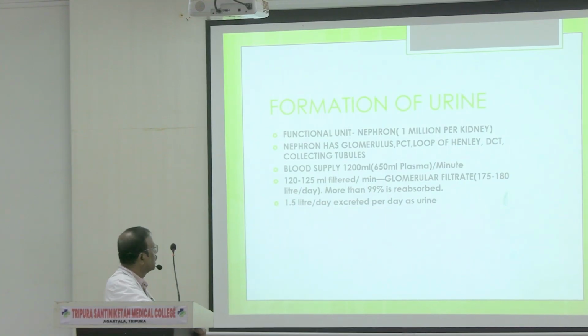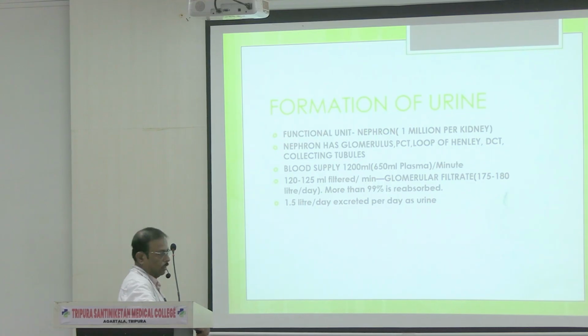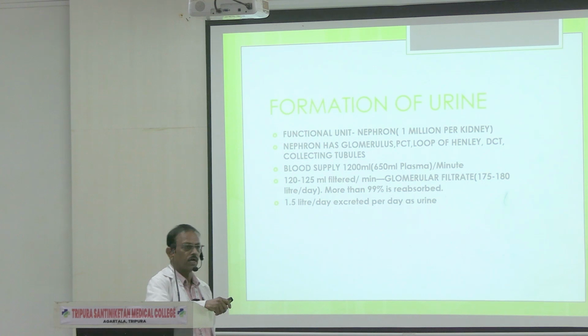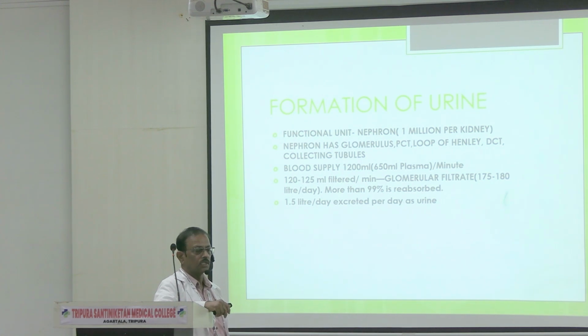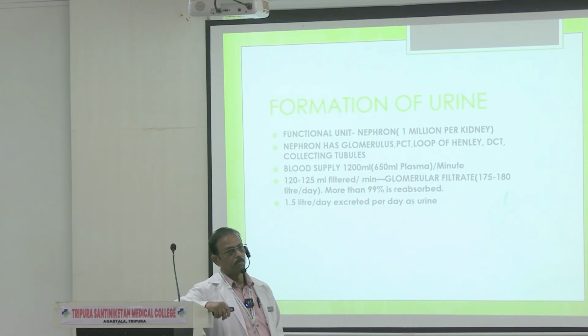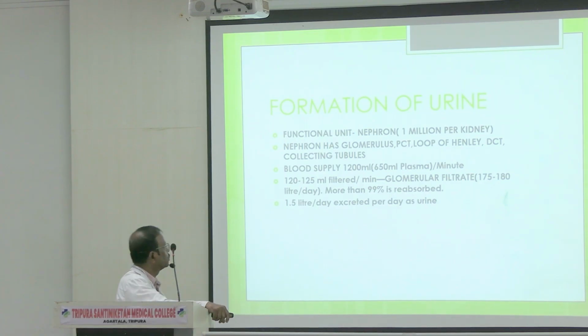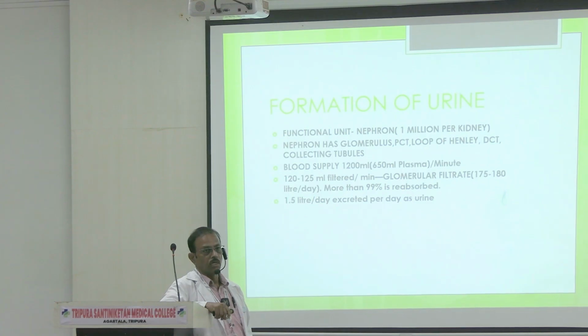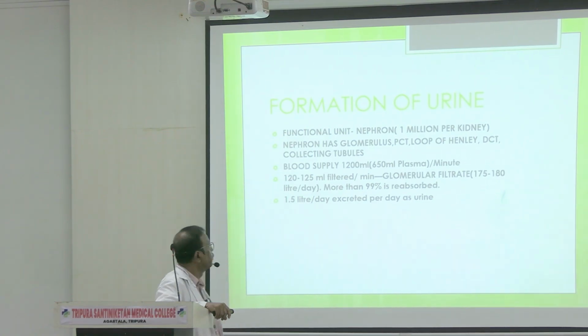Now let's have a look regarding formation of urine. The kidney's functional unit is nephron. Nephron is the functional unit of kidney. Each kidney contains about 10 lakhs of nephron, that means 1 million of nephron for each kidney.